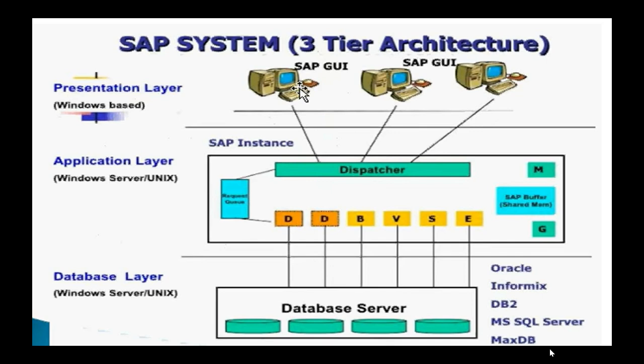Once it is clear, in the next lecture we'll see in detail the various work processes, what their functionalities are, and when a request is given to the application layer, how the work processes get involved and complete the work.